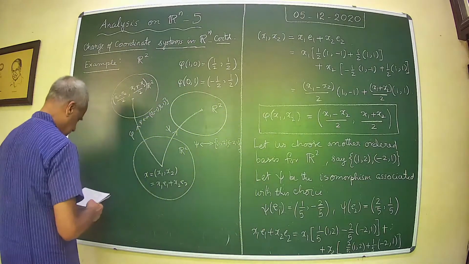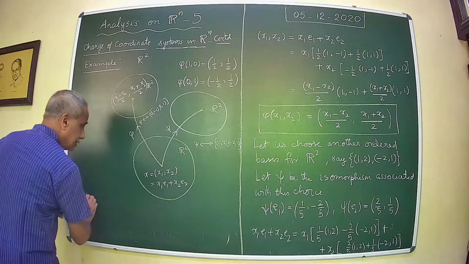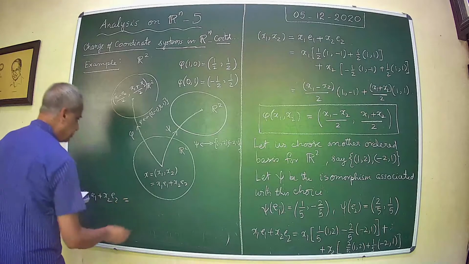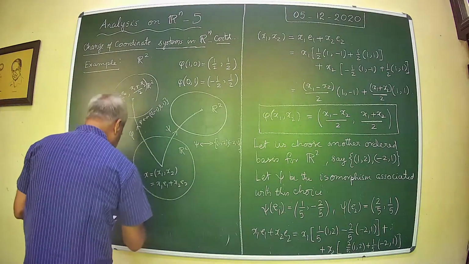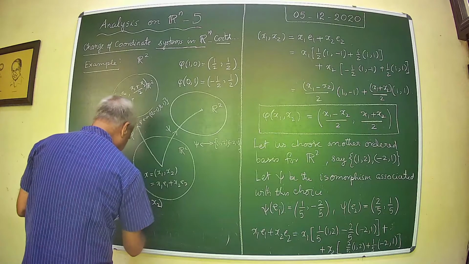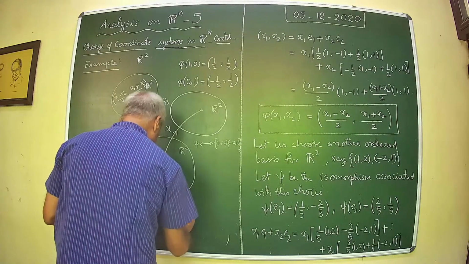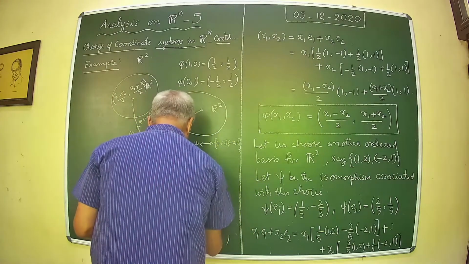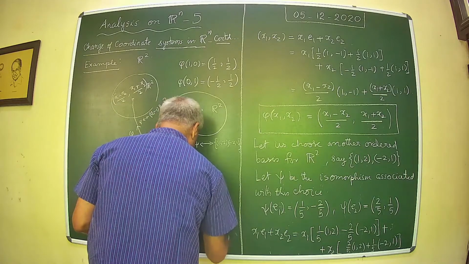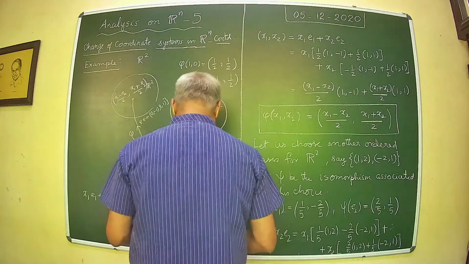So x1 e1 plus x2 e2 will be simply (x1 minus 2x2)/5 times (1, 2) plus (-2x1 plus x2)/5 times (-2, 1).